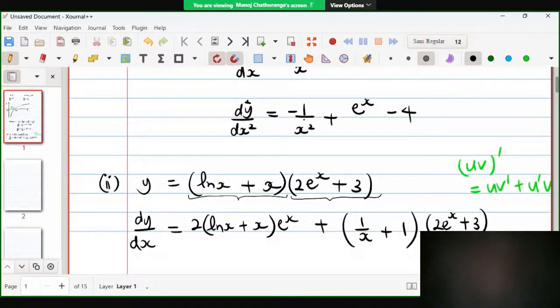So in this way, you can differentiate functions with powers of x, natural log of x, and e to the power of x.